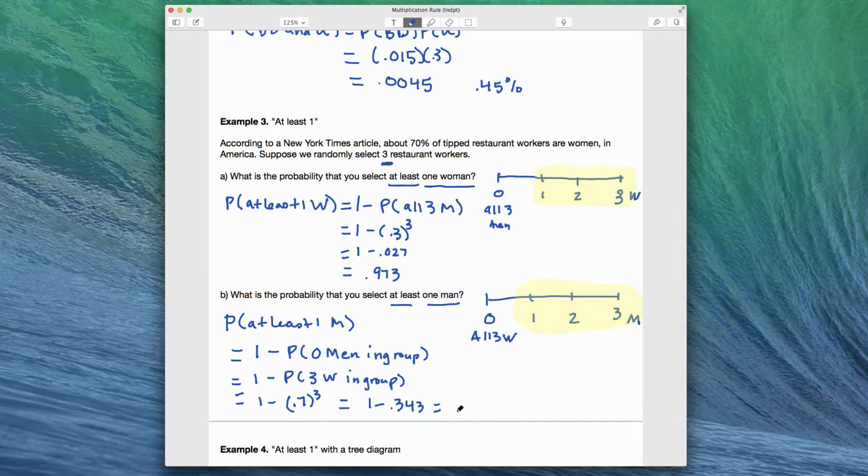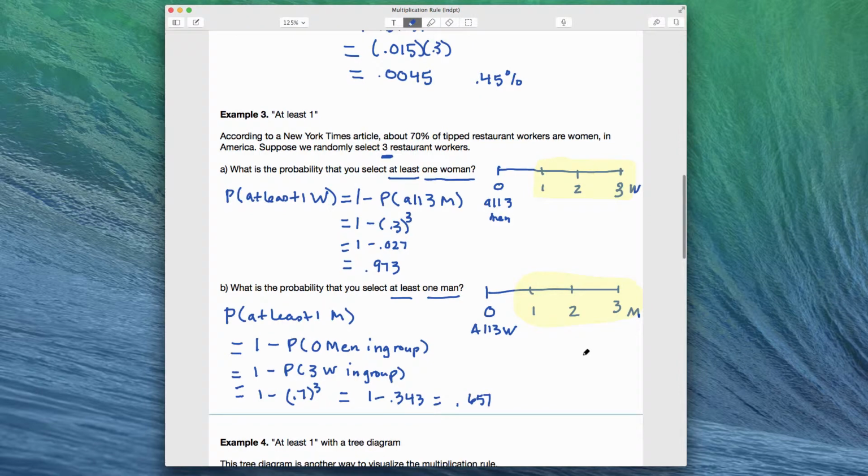Do the subtraction, we get 0.657. So the probability that you select at least 1 man is about 66%. Try using these number lines for when you have to do at least problems, because you can clearly see what you need to include and what you need to exclude.